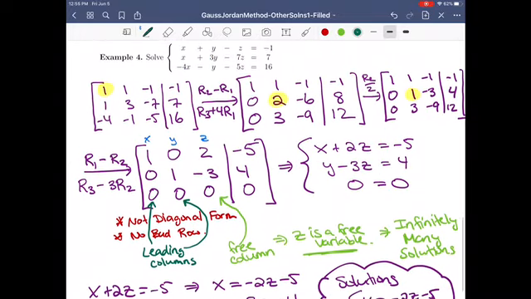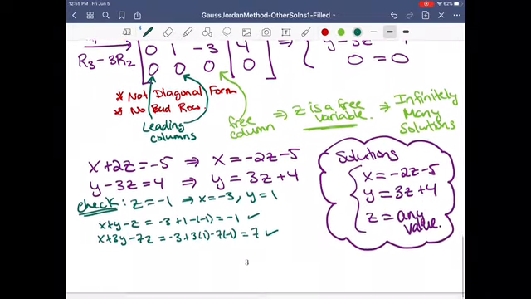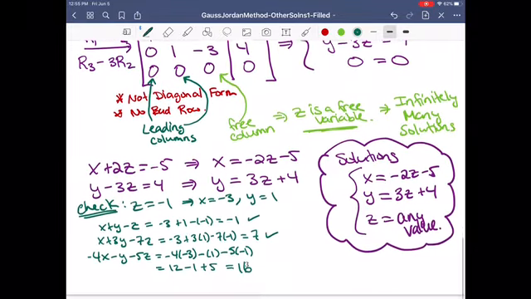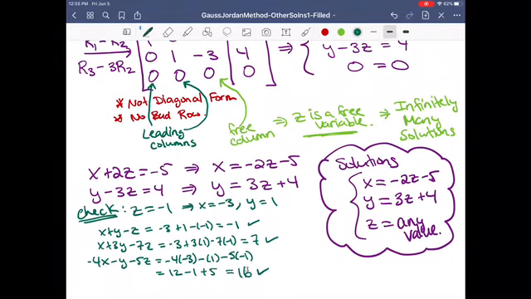Third equation, negative 4x minus y minus 5z. So that's negative 4 times negative 3 minus 1 minus 5 times negative 1. So that's 12 minus 1 plus 5. So that's going to be 17 minus 1, so 16. And that's exactly what our third equation was supposed to equal.